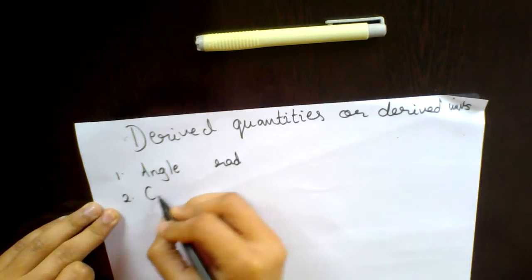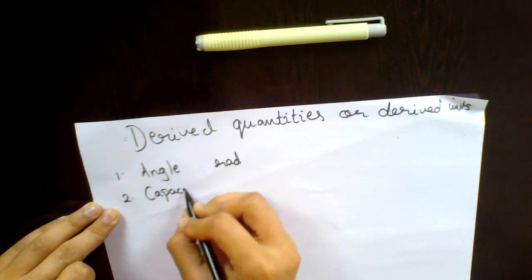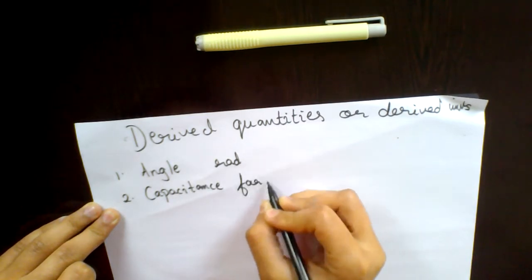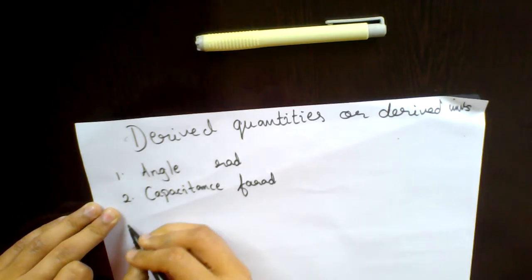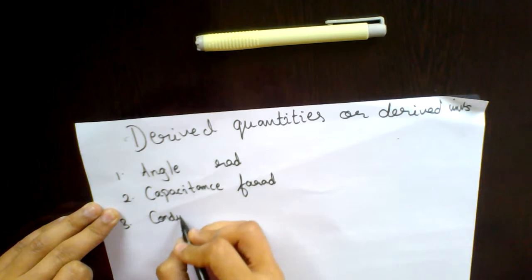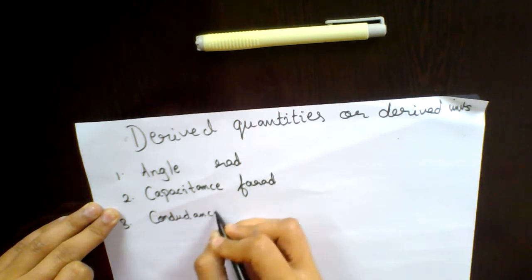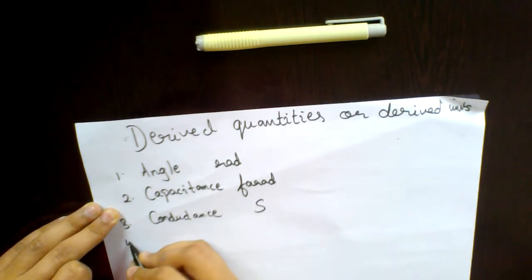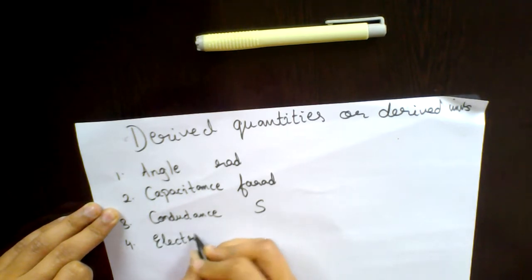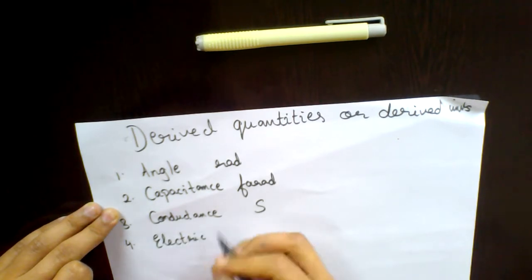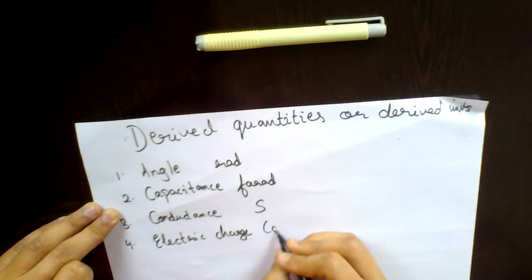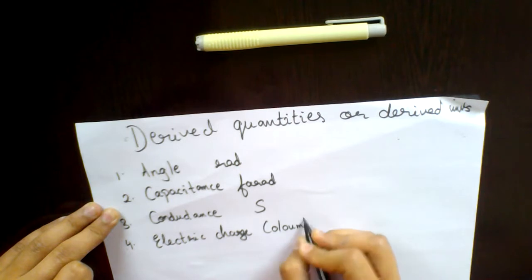Then you have capacitance, and the unit is given by farad. You have conductance, the unit is given by S. You have electric charge, which is derived from electric current. The unit is given by Coulomb or C.